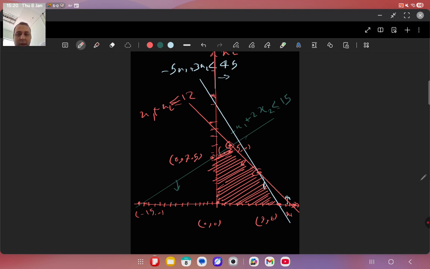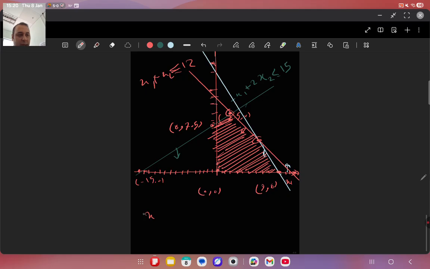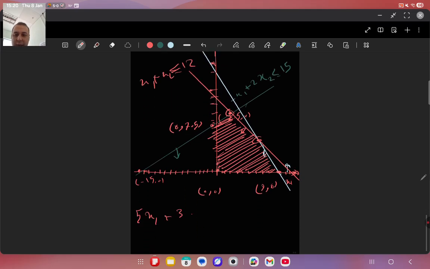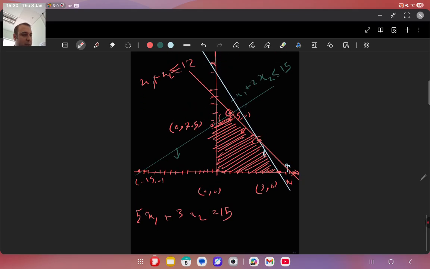Okay, so these two lines must be equal together. So 5x1 plus 3x2 equal to 45. Another line is x1 plus x2 equal to 12.